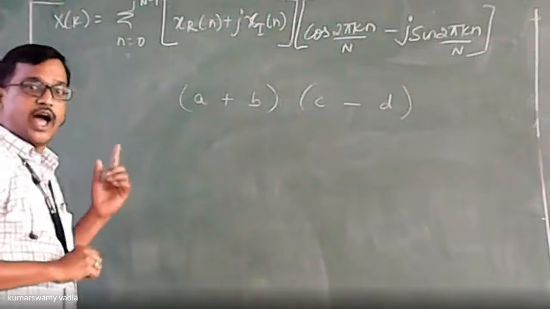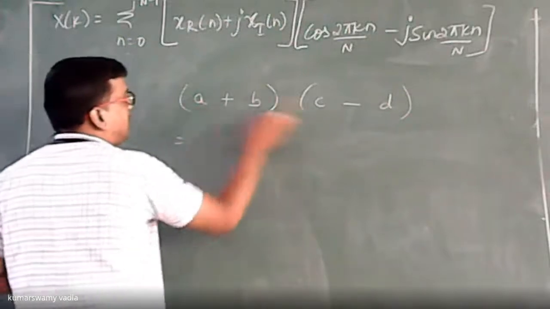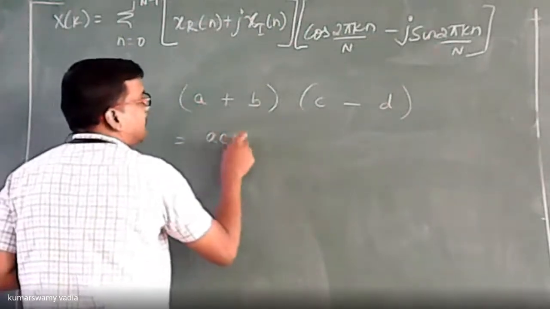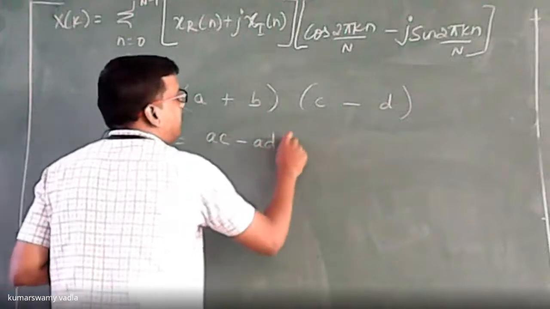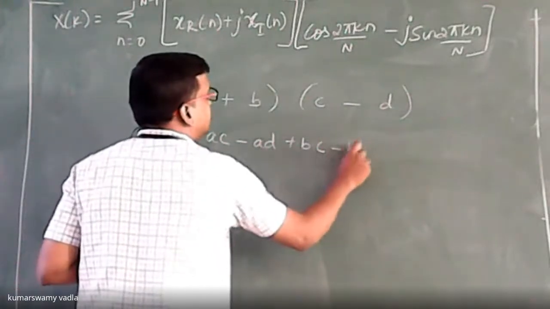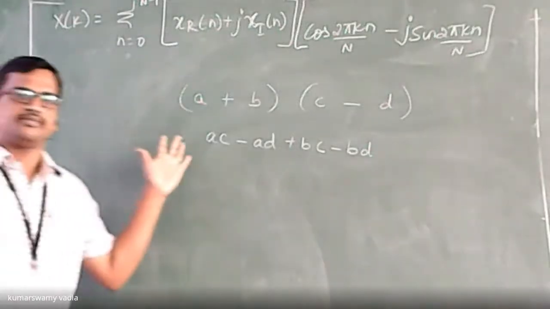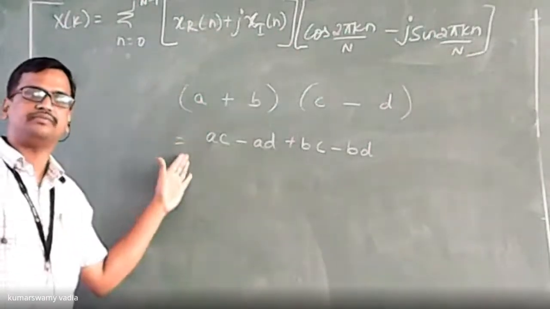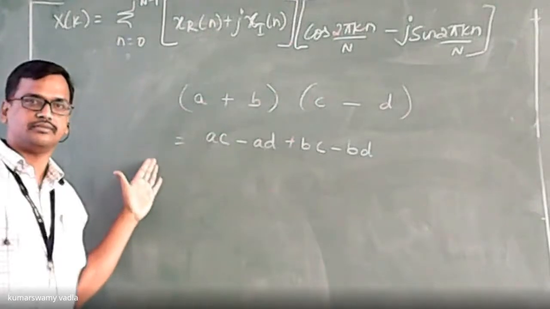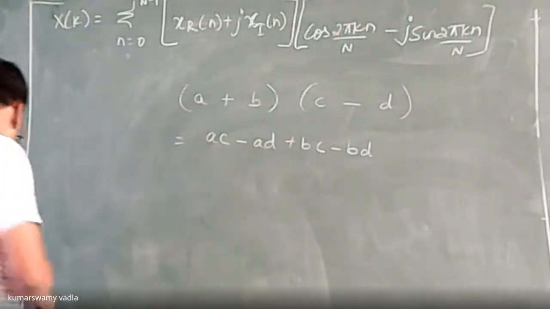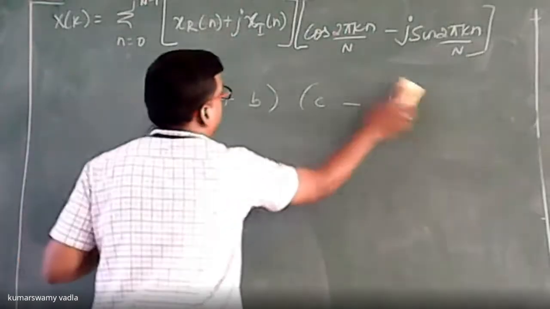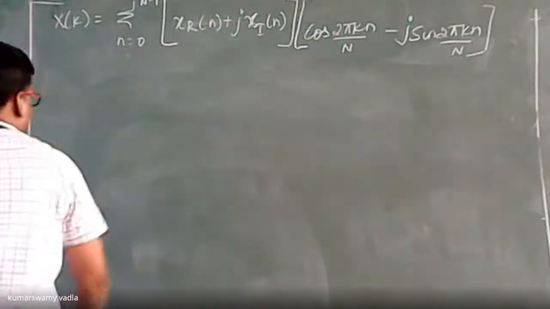I need to multiply now: AC minus AD plus BC minus BD. Are you getting the next step? Now, having this knowledge, what will be my next step?